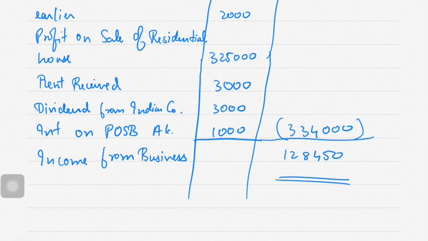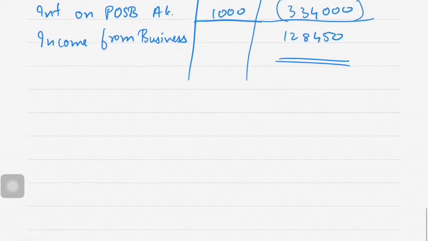Okay. You know, he has two other incomes, which are income from house property and capital gains, because he sold a residential house, right? So let's calculate that also. Let's calculate income from house property first.